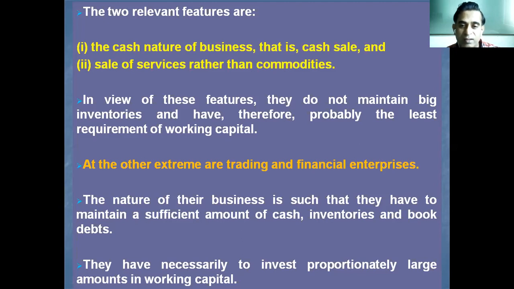If a company like HUL is giving 21-day credit to its customers, that is wholesalers, it will require money until they receive it from their customers. So they have to arrange for working capital to meet the day-to-day requirements so that the production and other operations can run smoothly. The nature of business is such that they have to maintain a sufficient amount of cash, inventories, and book debts. They have necessarily to invest proportionately large amounts of working capital, the way I explained.